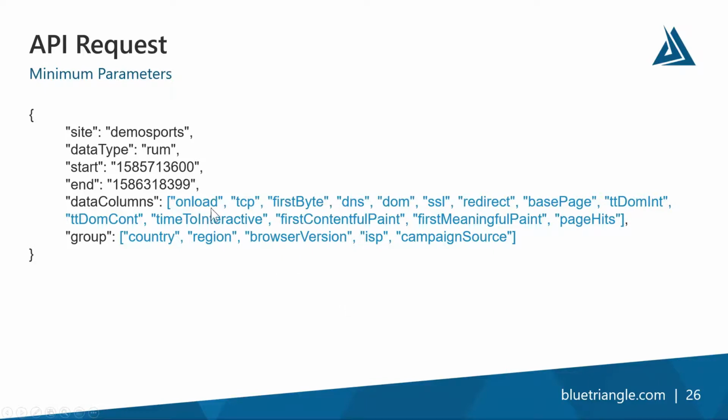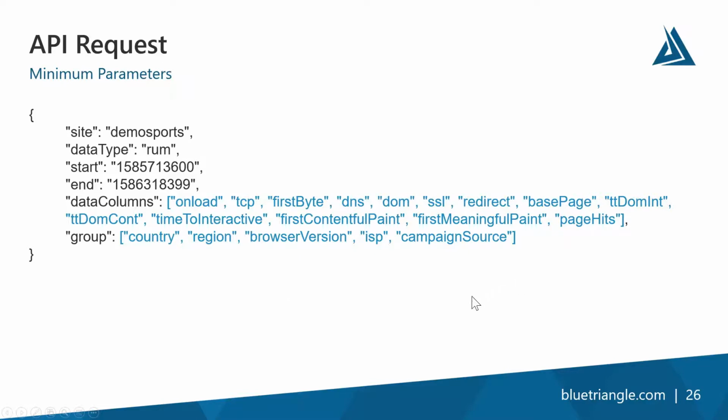Each of these data columns is one of the metrics in the graphs on the Real User Performance Overview page in Blue Triangle. These are all of the metrics, and at the end you have page hits, which represents the page views. For the group by parameter, these are the various options we know we need to reproduce those graphs at the bottom of the Real User Performance Overview page.